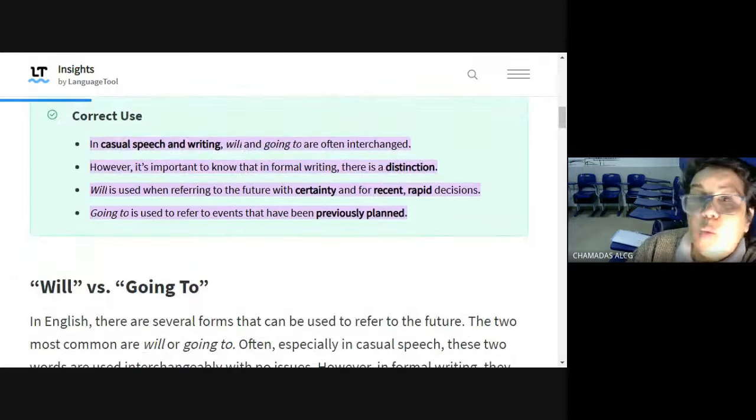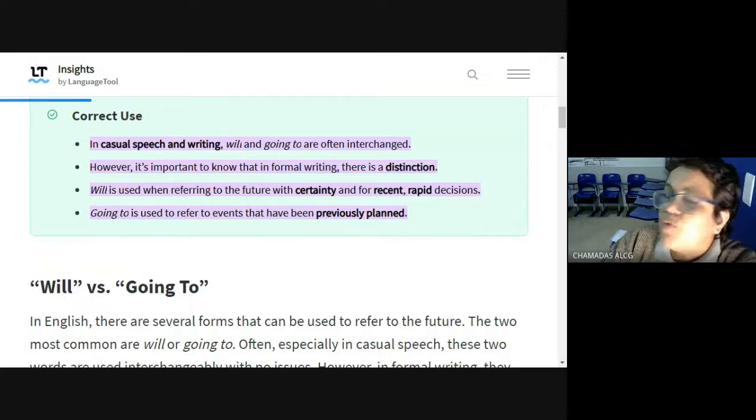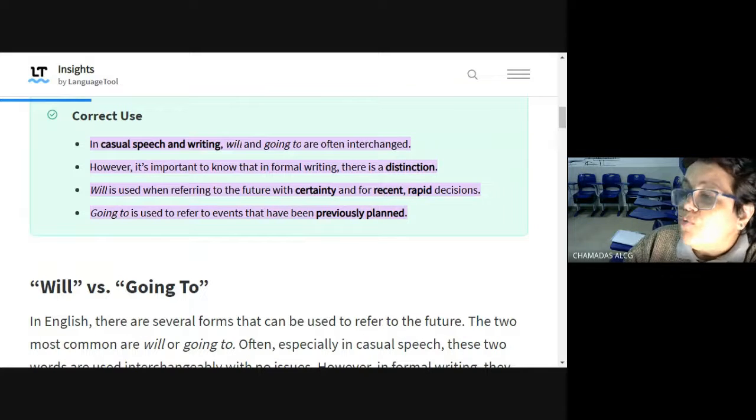Look, will is used when referring to the future with certainty and for recent rapid decisions. So decisions you make at the moment of speaking, okay?